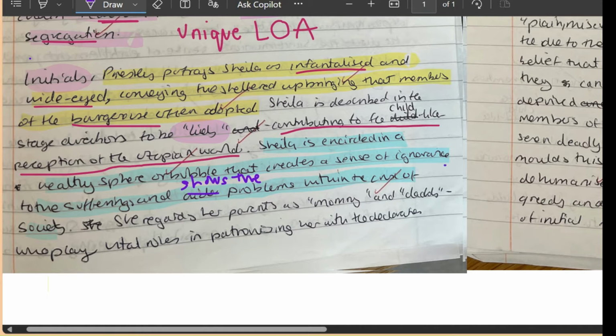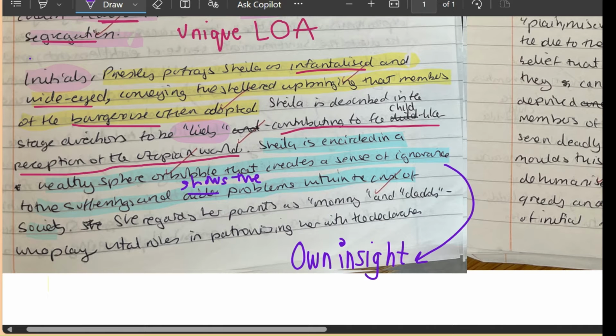So here you can see, and a really important, I think, grade 9 technique that's not spoken about is giving your own insight. Okay, what do you think? Why do you think that this has happened? Why do you think Sheila is presented in a very childish manner?